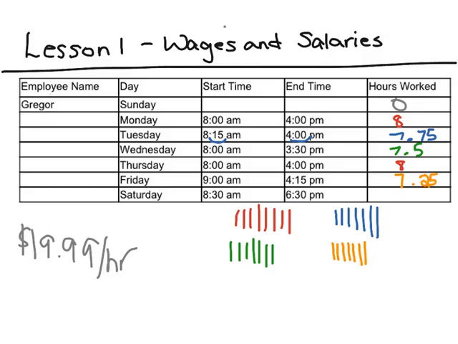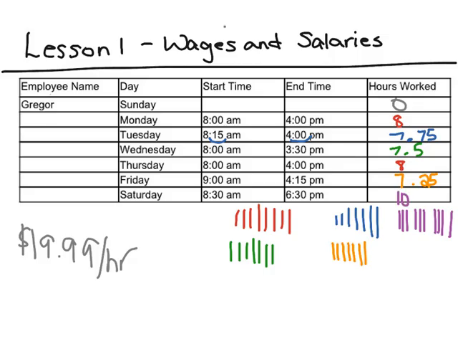Be really careful that you don't put 7.15. 0.15 is not 15 minutes. And our last one is Saturday. He goes from 8:30 to 6:30, so 8:30, 9:30, 10:30, 11:30, 12:30, 1:30, 2:30, 3:30, 4:30, 5:30, 6:30. So that was a 10-hour shift.